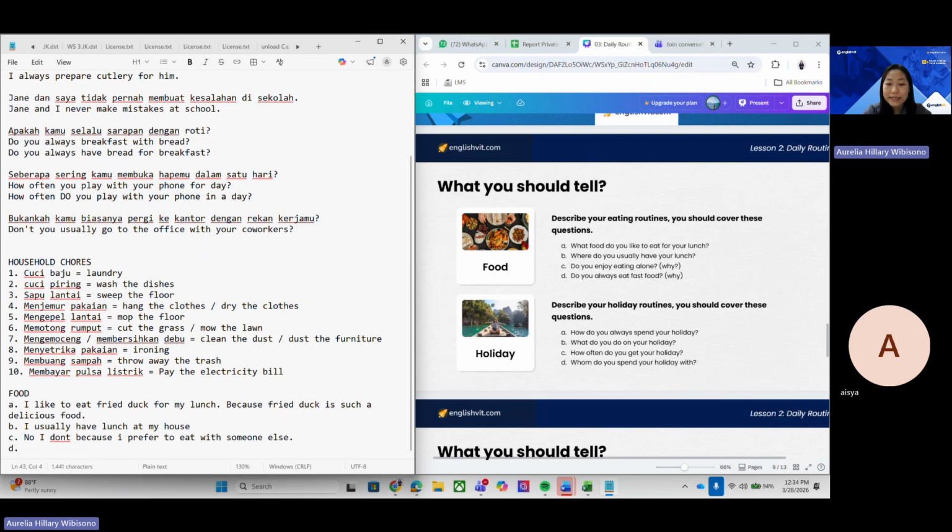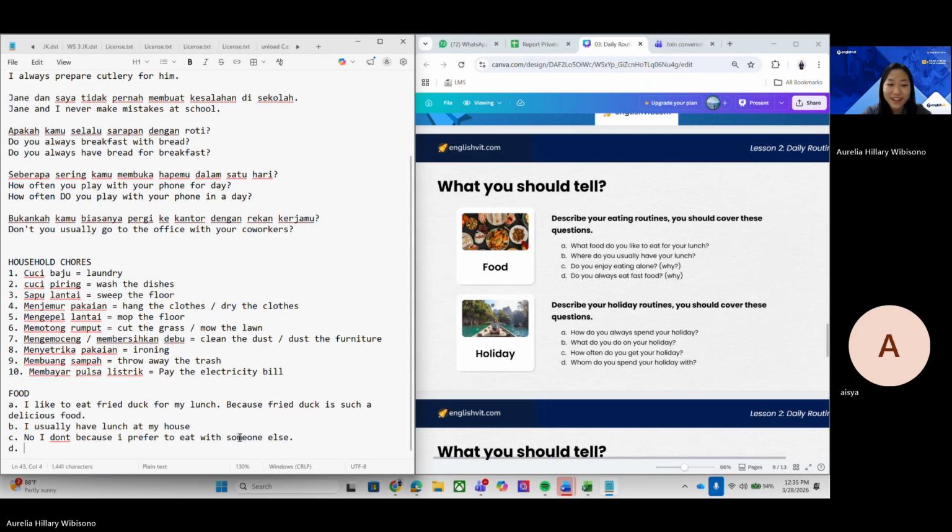Other than that, someone and anyone are indefinite pronouns. But someone is usually used for a positive sentence, like this: I prefer to eat with someone. That's correct. But if you want to say a negative sentence, you should say anyone. I do not prefer to eat with anyone, like that.